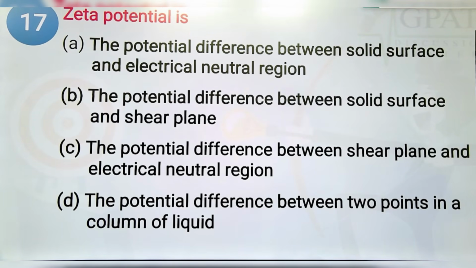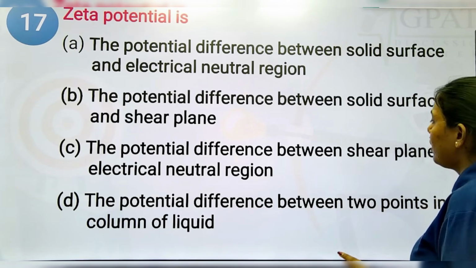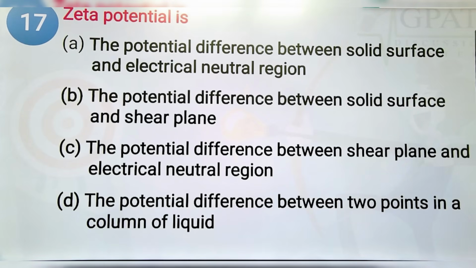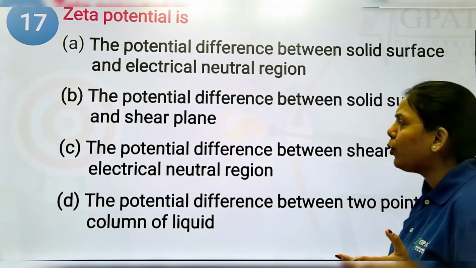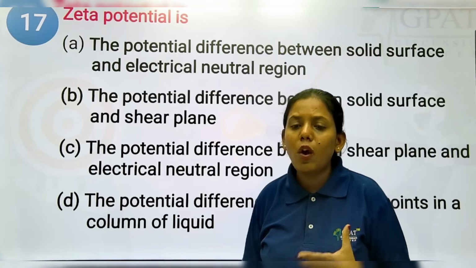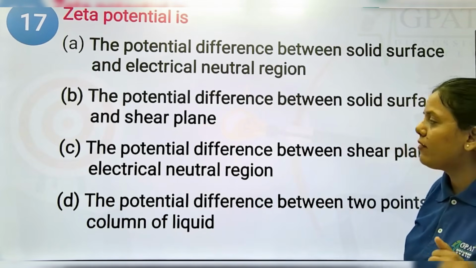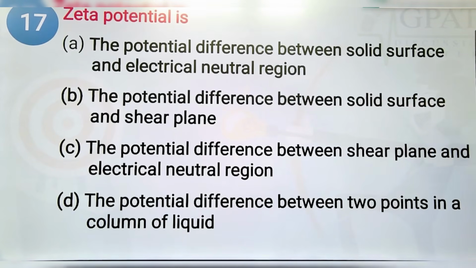Next is about the zeta potential. What is zeta potential? The potential difference between solid surface and electrically neutral region. Electrical neutral region is correct, but it is not about the solid surface. What it is, we will see. The potential difference between solid surface and shear plane.